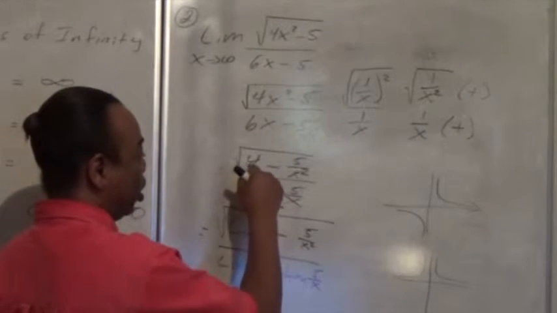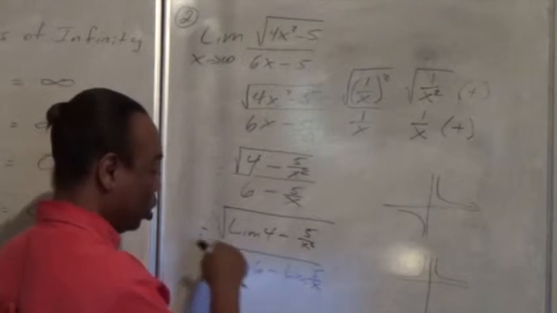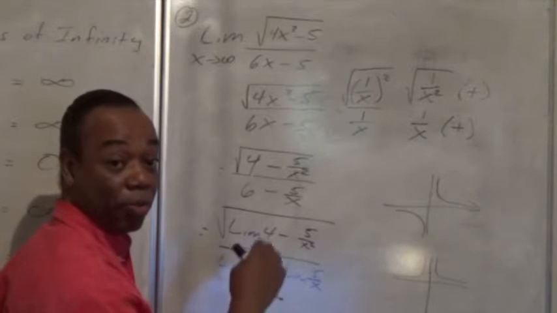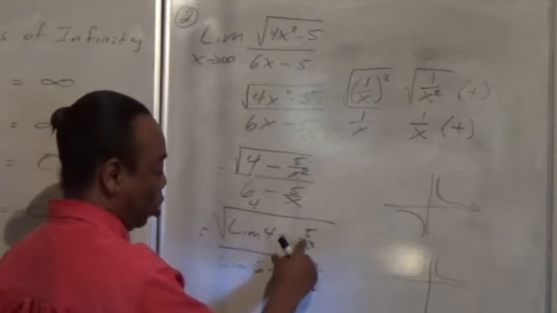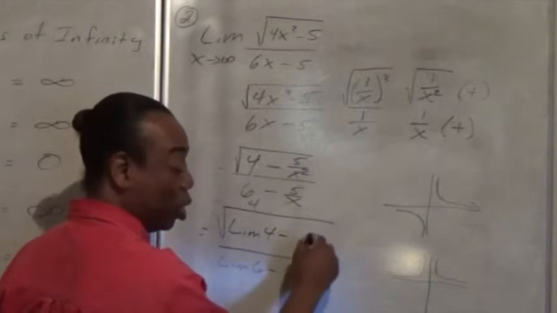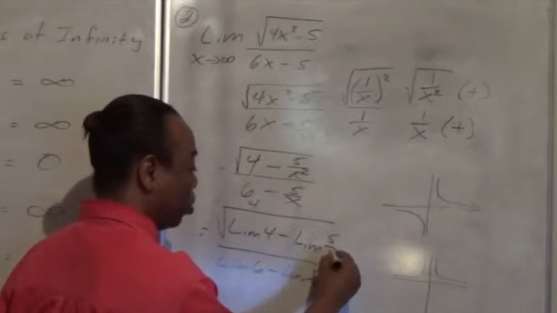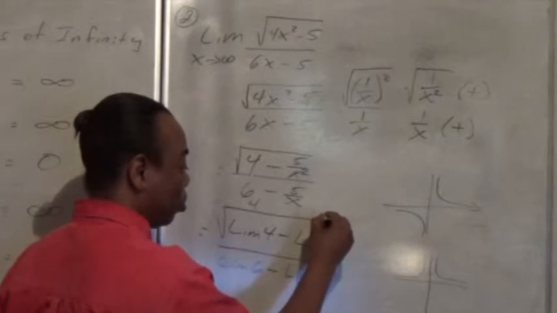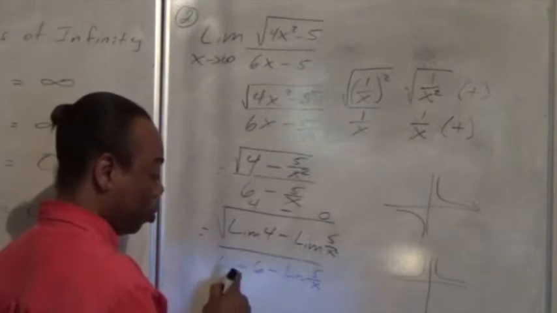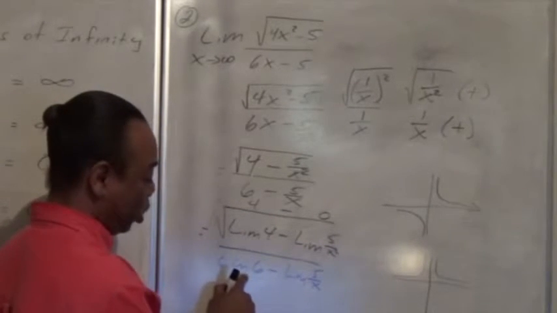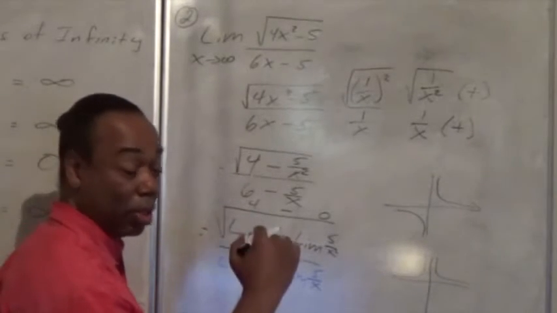And the limit of 4, as you go to positive infinity, will be 4. It doesn't change. The limit, oh, I never wrote the limit here. Let's write that in there. The limit of 5 over x squared goes to 0. So what you have is 4 minus 0 underneath the root. Here, the limit of 6, as x goes to infinity, will remain 6.